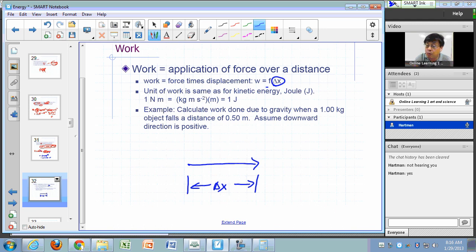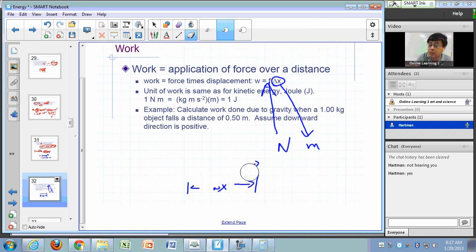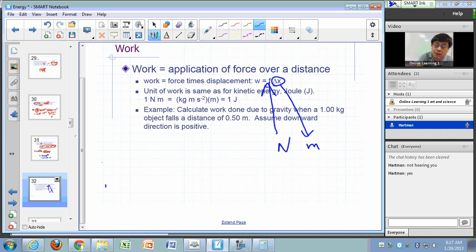The unit for work is the same as kinetic energy, it's also the joule, because what's the unit for force? Force is a Newton. Delta x is meters. So the unit for work is Newton times meter. If you remember, force is mass times acceleration, and mass is kilograms, and acceleration is meters per second squared.